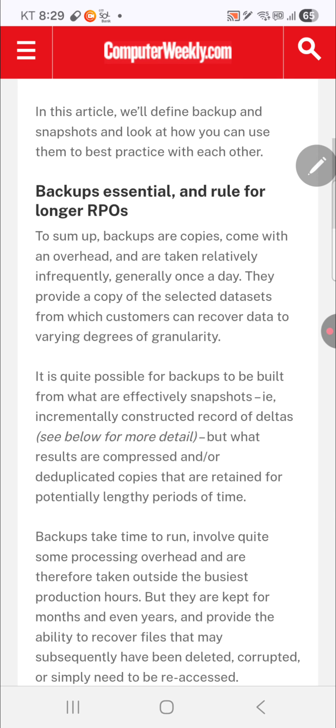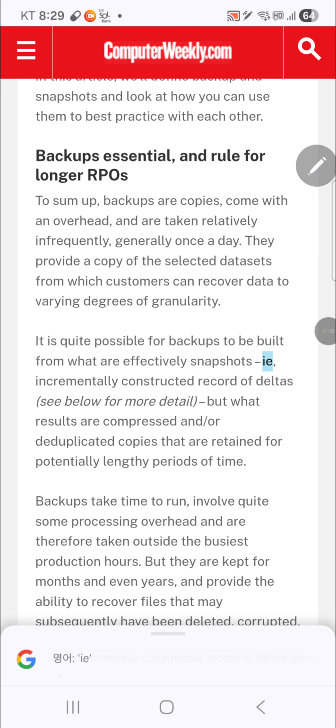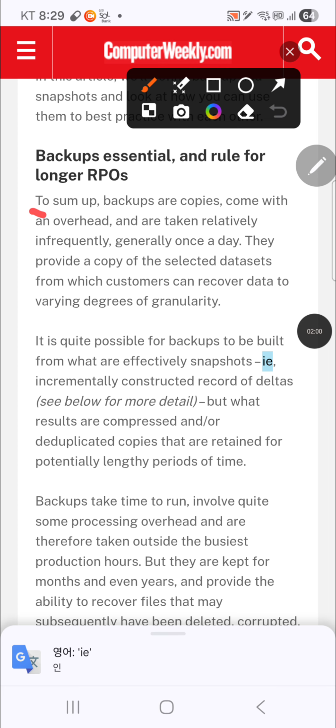Backups are essential and rule for longer RPOs. To sum up, backups are copies, come with an overhead, and are taken relatively infrequently, generally once a day. They provide a copy of the selected datasets from which consumers can recover data to varying degrees of granularity.